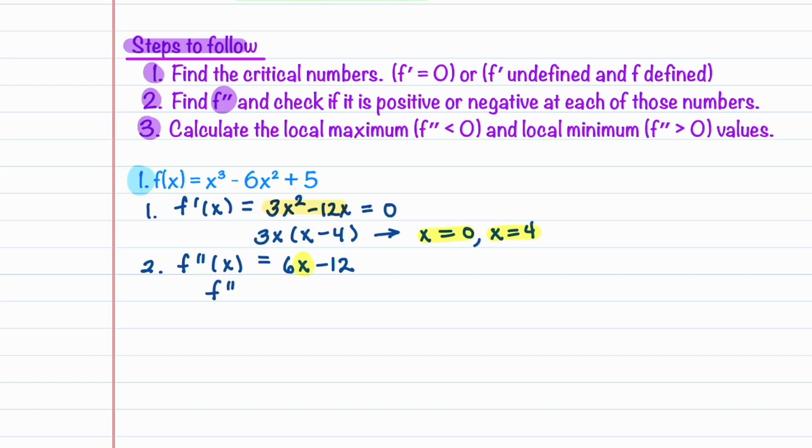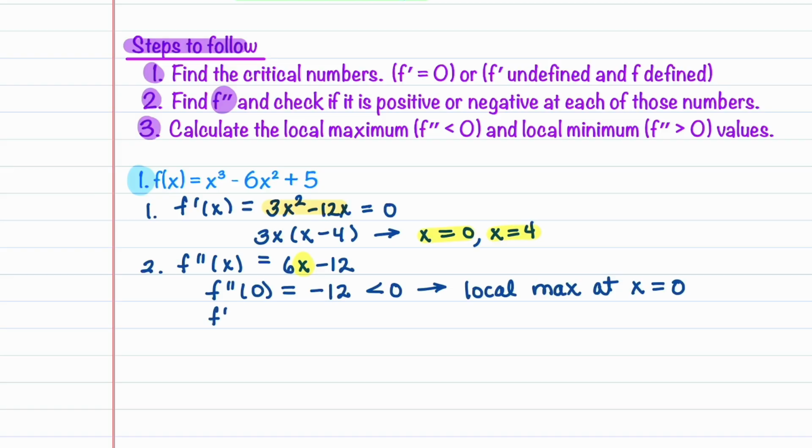So f double prime at 0 is minus 12, and that is less than 0. So that tells us that we are going to have a local max at x is equal to 0. Remember, it's just opposite. If it's less than 0, you have a max. If it's greater than 0, you have a min.